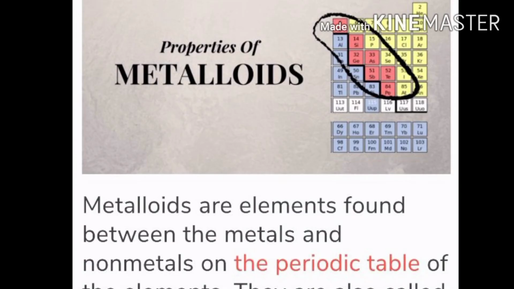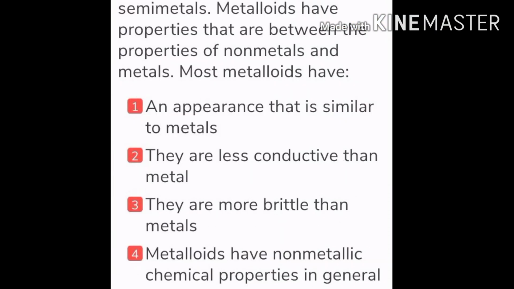There are certain elements which show the properties of both metals and non-metals. These elements are called metalloids or semi-metals. You can see here the periodic table. The encircled part shows the elements called metalloids. Most metalloids have an appearance that is similar to metals.